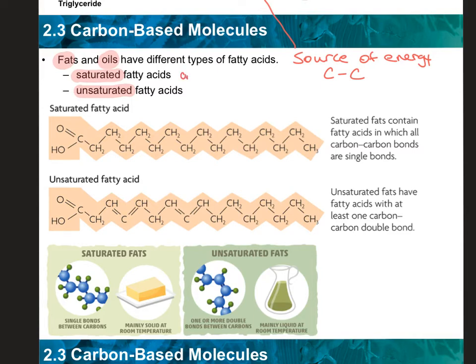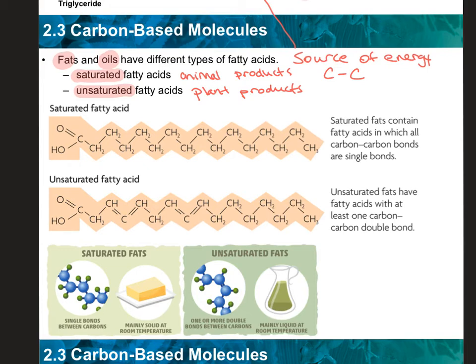Saturated fats typically come from animal products, and unsaturated fats typically come from plant products or plants, like if we eat avocados or walnuts or any kind of nut really, or any plant that's considered to have fats like olive oil, that would be considered an unsaturated fat as well. So why do we give them the names saturated and unsaturated?